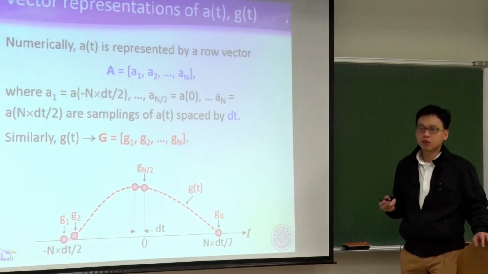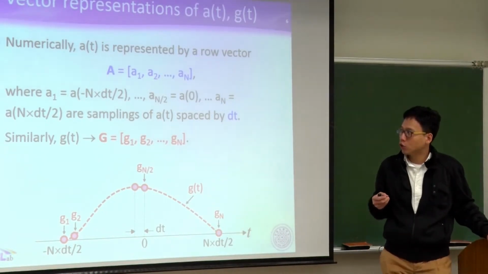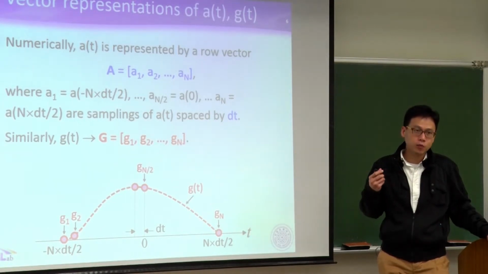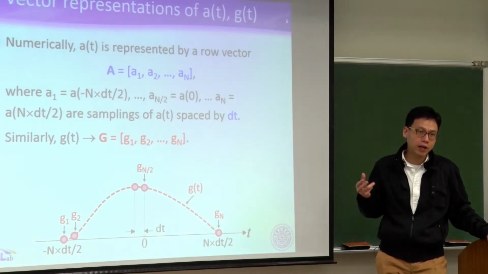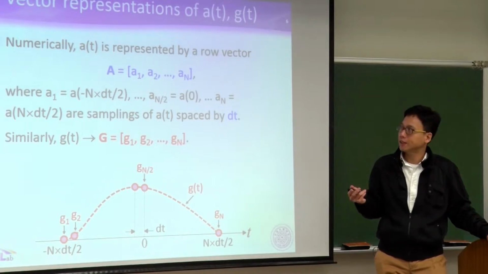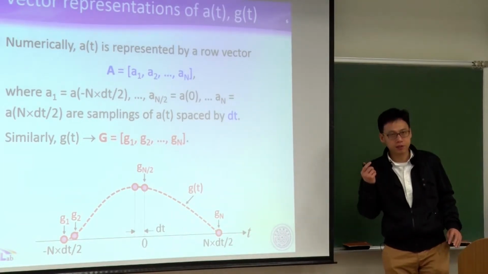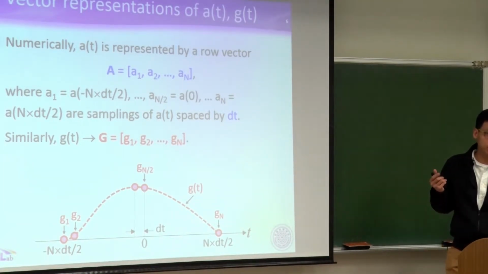The next question is, how do we represent the FROG trace numerically? Of course, it must be some matrix instead of just vectors. But how do we create the matrix to represent the FROG trace?